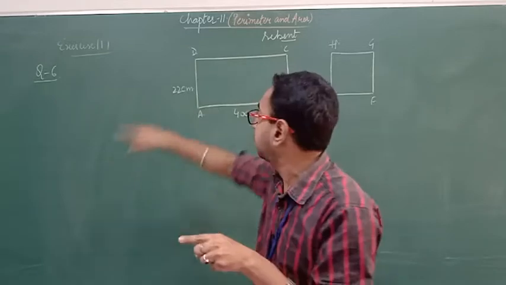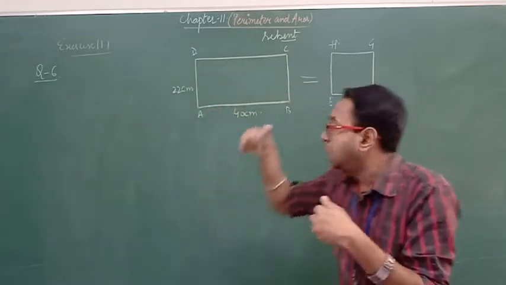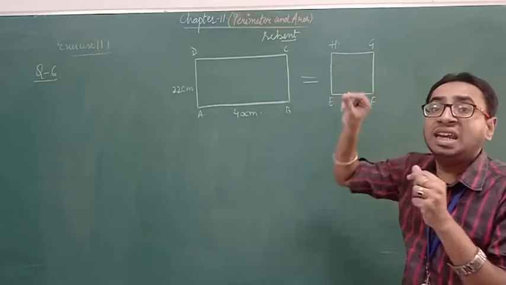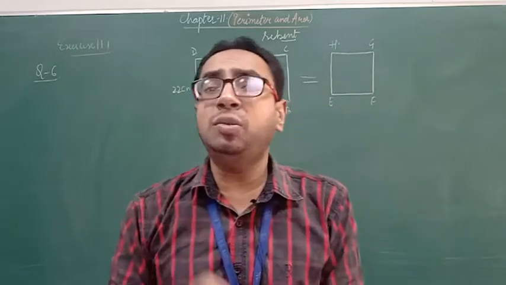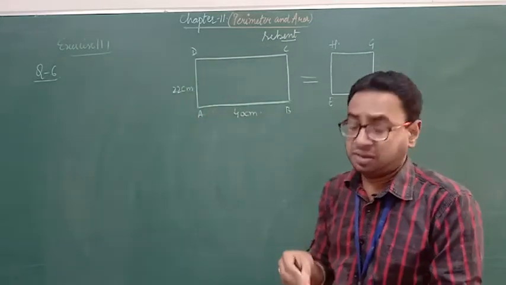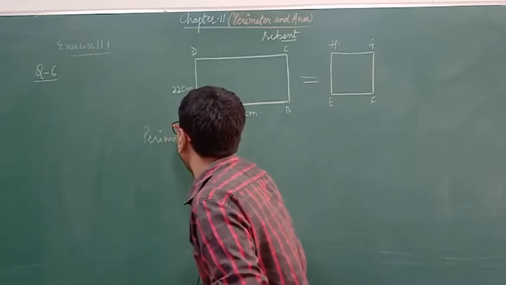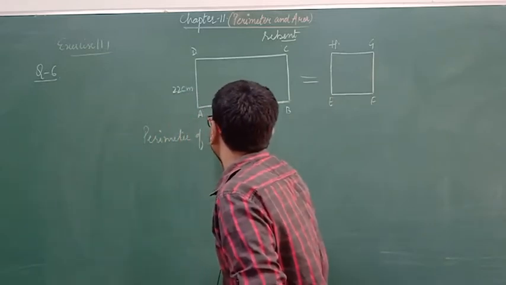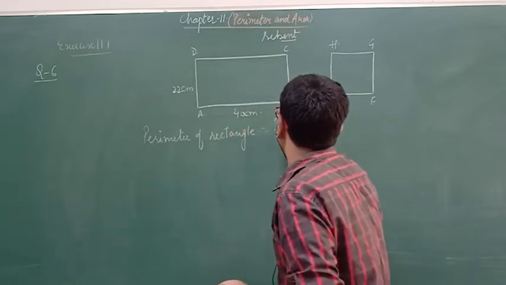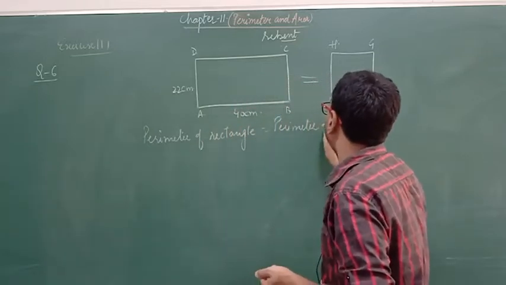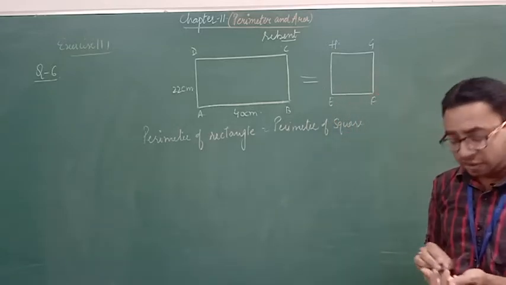Like in this case, this same perimeter is used to make the square, and hence whenever the word rebend comes, do remember the perimeter remains the same. Therefore, the perimeter of the rectangle is equal to the perimeter of the square. Are we clear?